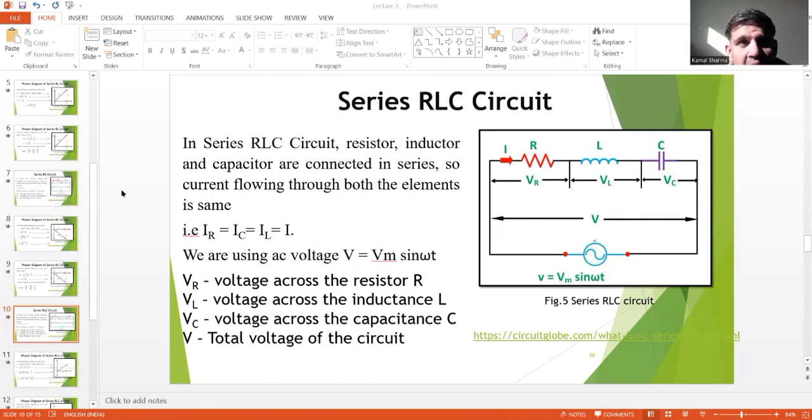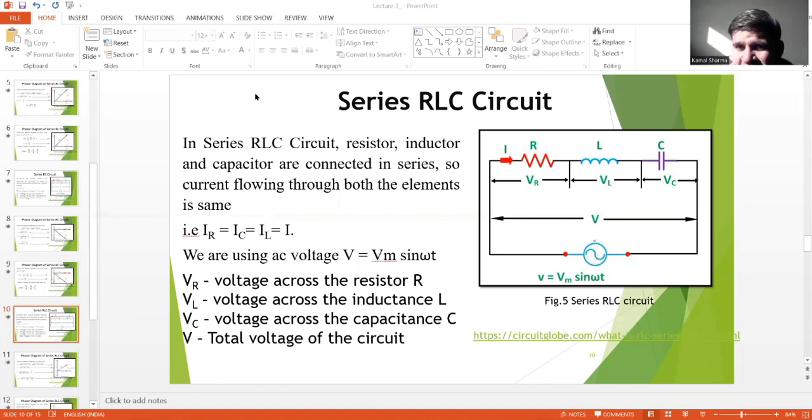Again, I am repeating, VR, VL and VC cannot be added algebraically. It would be different. Because, as we already know, L is basically a magnetic circuit, C is a passive element, R is somehow active, somehow passive, so we cannot add the voltages.